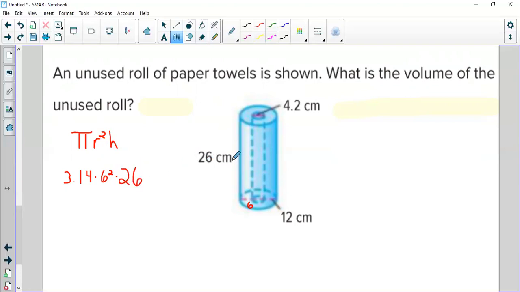All right, some quick buttons here. 3.14 times 6 squared, or I can make that 36 right away if I want, times 26 gives me a volume of 2,939.04. That's the entire cylinder.